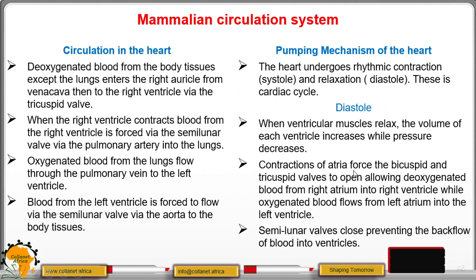Contraction of the auricle forces the bicuspid and tricuspid valves to open, allowing deoxygenated blood from the right auricle into the right ventricle, while oxygenated blood flows from the left auricle into the left ventricle.